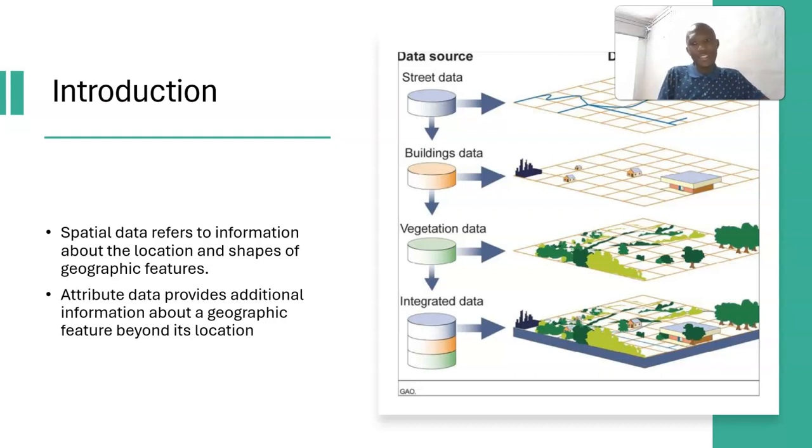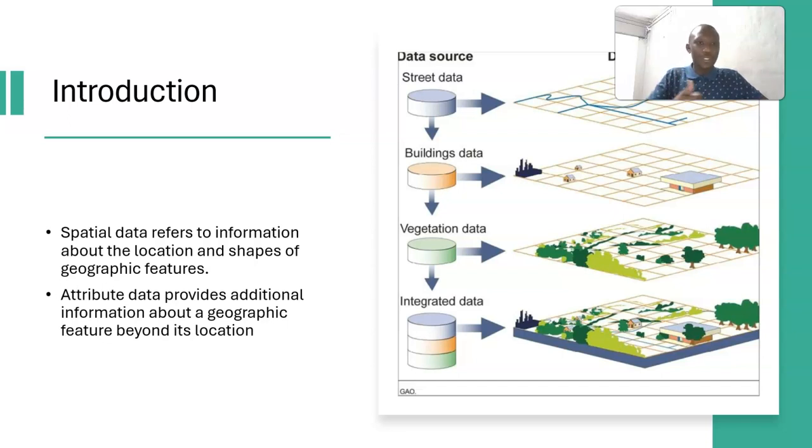But it doesn't end there. So what else? The other thing we need to be able to see is that from this data that we're taking out, let's say for instance you have buildings data. In that data you need to be able to know the types of building that you're mapping.